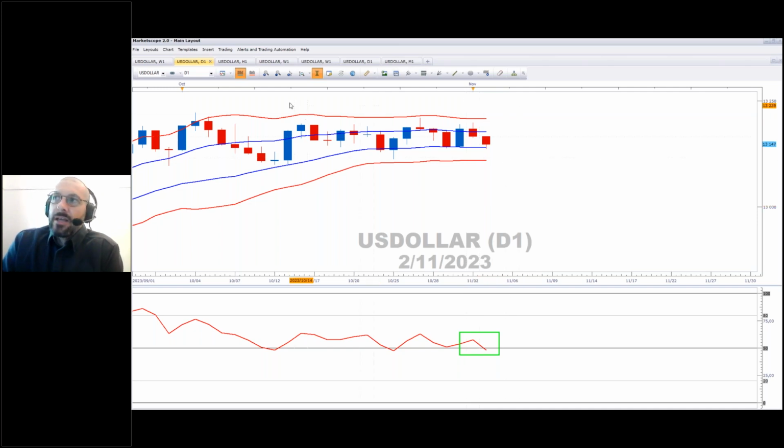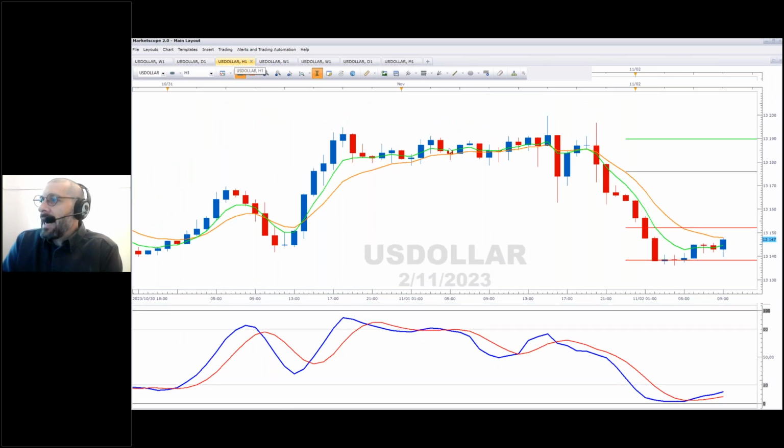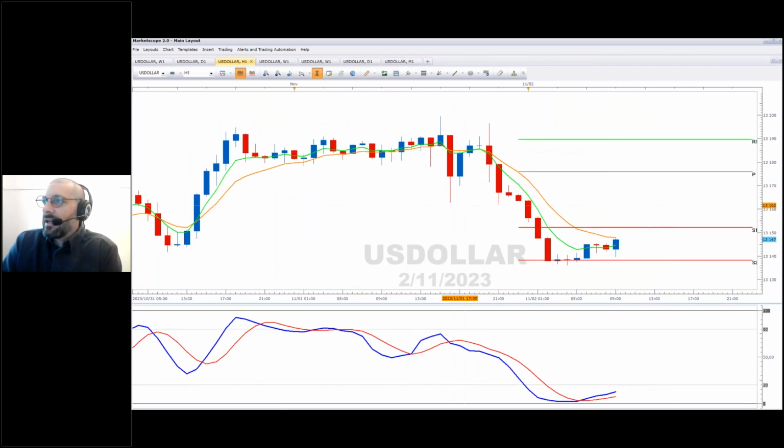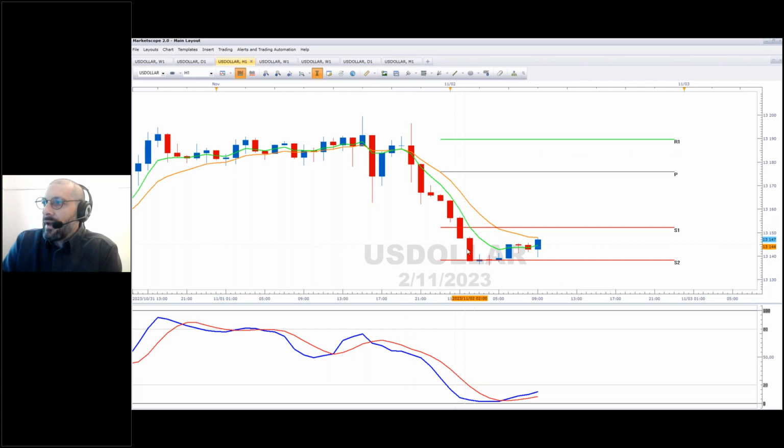What we want to do now is go down to the hourly chart, and you can see that the dollar really has come down overnight, and it's hit this S2 level. The S2 level is acting as support, but you can see that we are at the lower end of the stochastic.